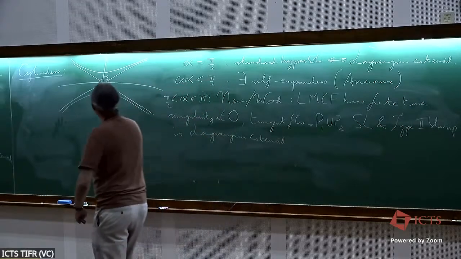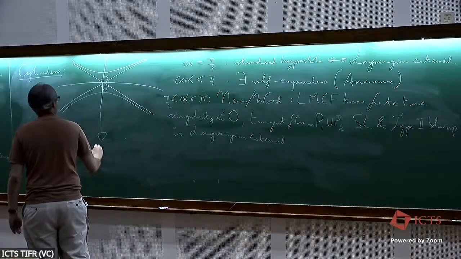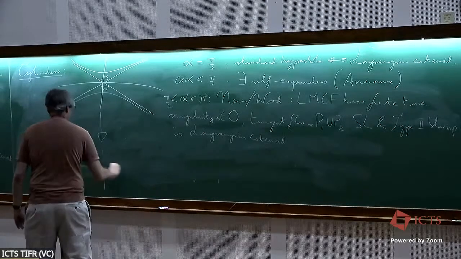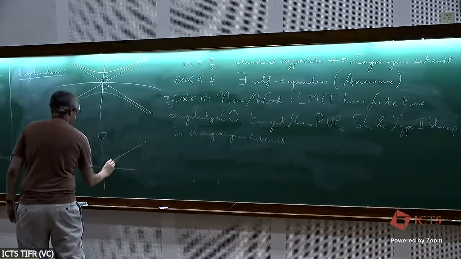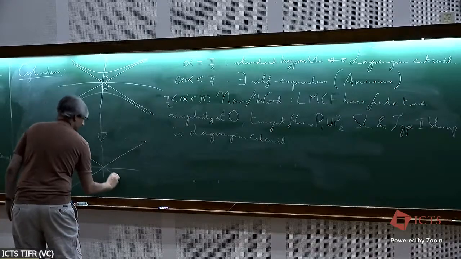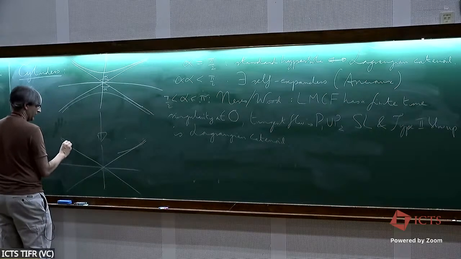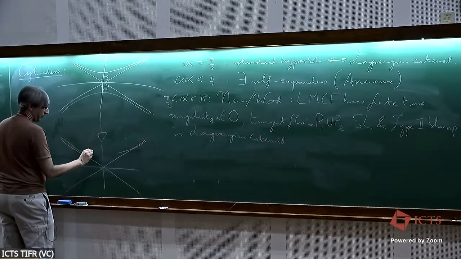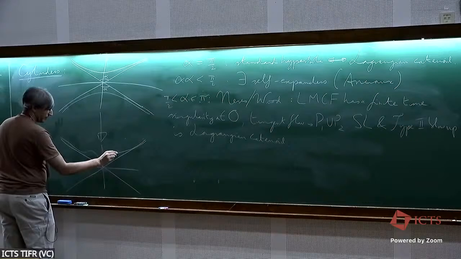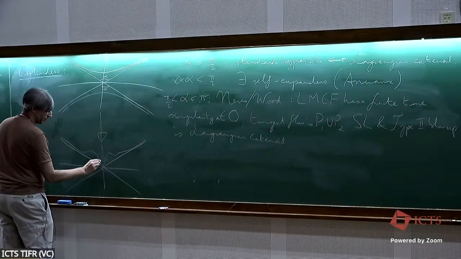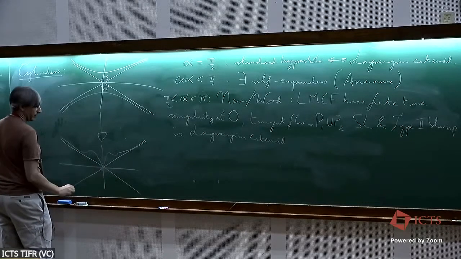So what happens is the following. Asymptotically, the curve has to look roughly the same. It can't change, but then it has to go up and then dip down like that, and it forms a right angle there.